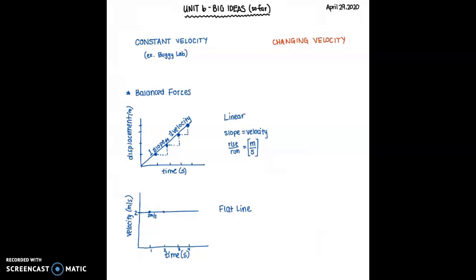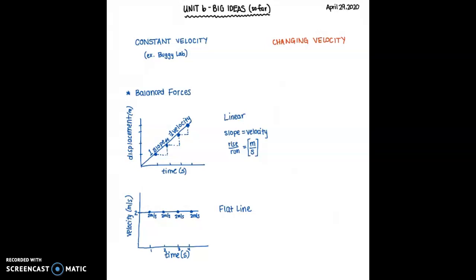At 2 seconds, my velocity is still 2 meters per second. And at 3 seconds, my velocity is still 2 meters per second. And at 4 seconds, my velocity is still 2 meters per second. This is still showing us constant velocity. But now we just have to look at the y values to see that.